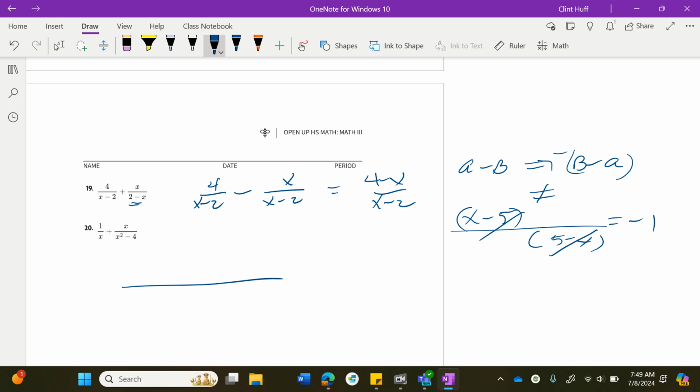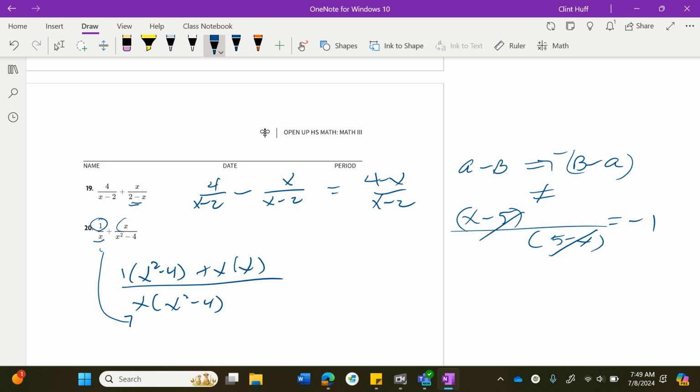Common denominator is x times x squared minus 4, which means the 1 has to be multiplied by x squared minus 4, and the x has to be multiplied by an x. So the way I think of this is the original numerator, the 1, is multiplied by the factor its denominator is missing from the common denominator, which is x squared minus 4.